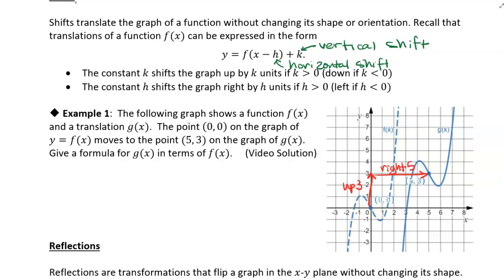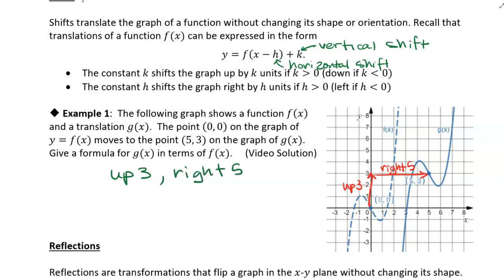So we're shifting vertically up by 3. Actually, let me switch back to green. We'll go up 3, and we're going right by 5.